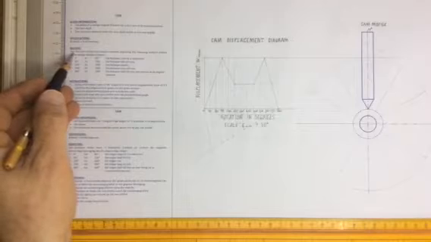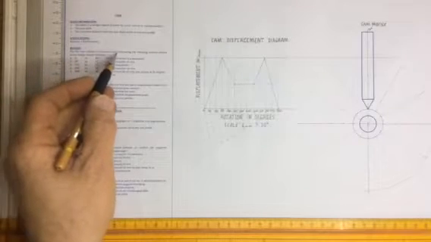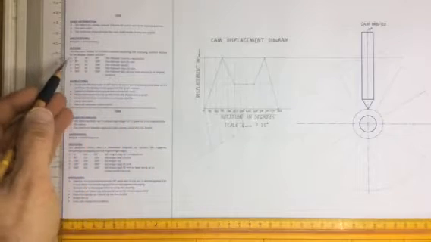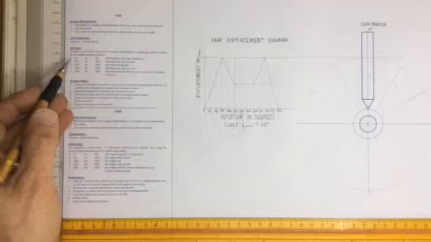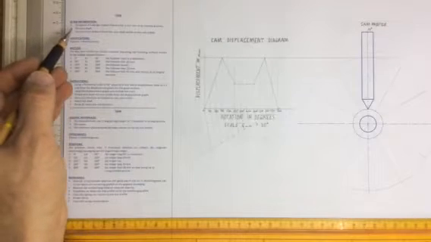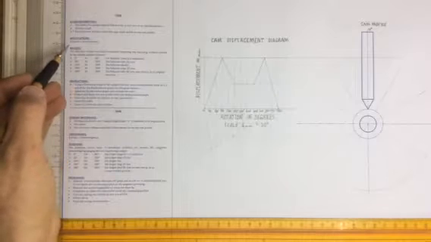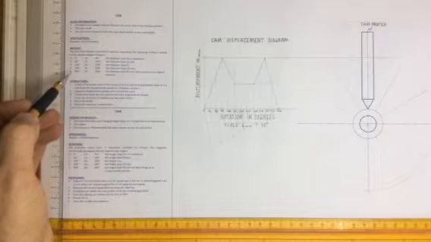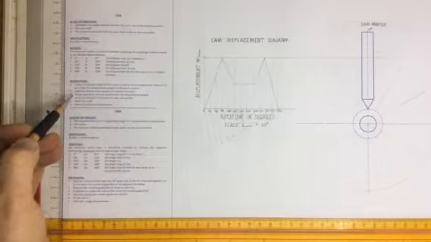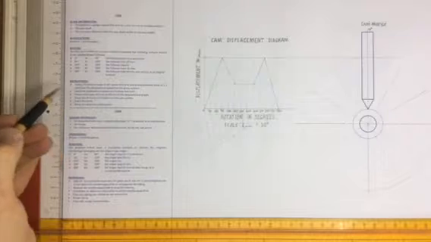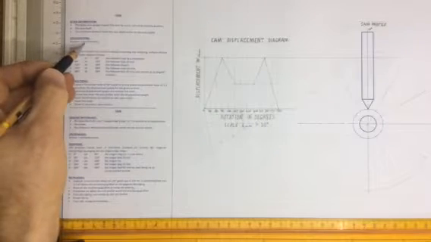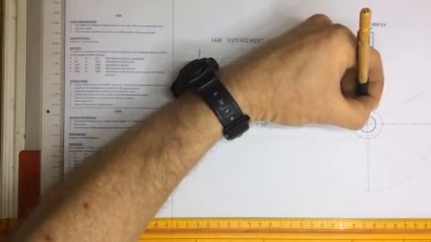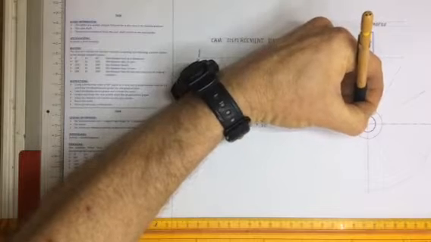This says that the disc cam rotates with a constant velocity, giving the follower uniform motion, with a wedge-shaped follower. Where does it tell me my rotation? Anti-clockwise. There we go. Under specifications, it says that I'm going in an anti-clockwise direction. In other words, I must draw in an arrow going in an anti-clockwise direction.